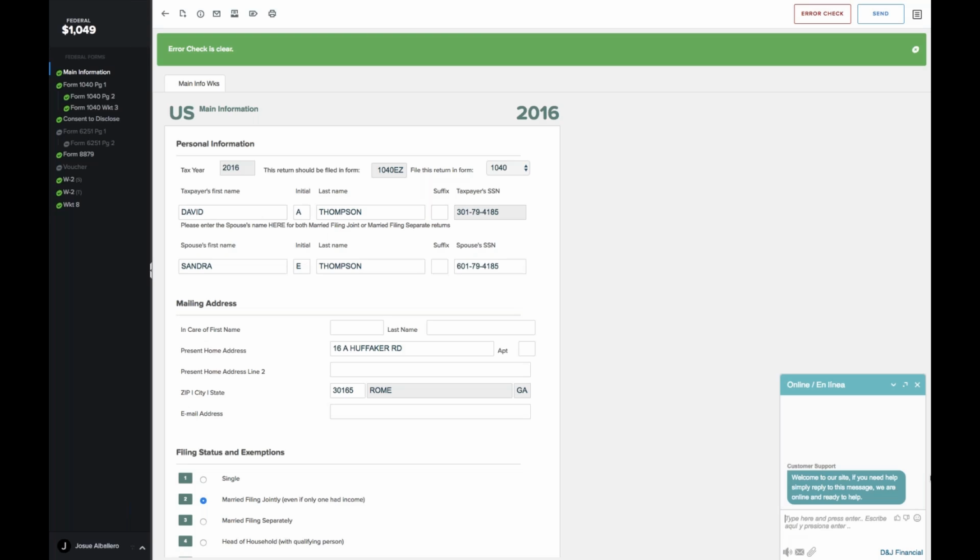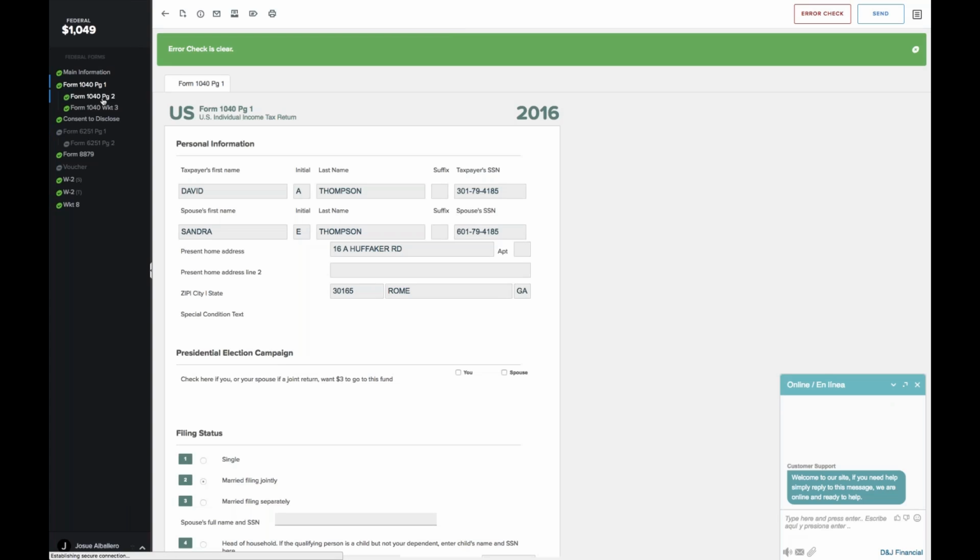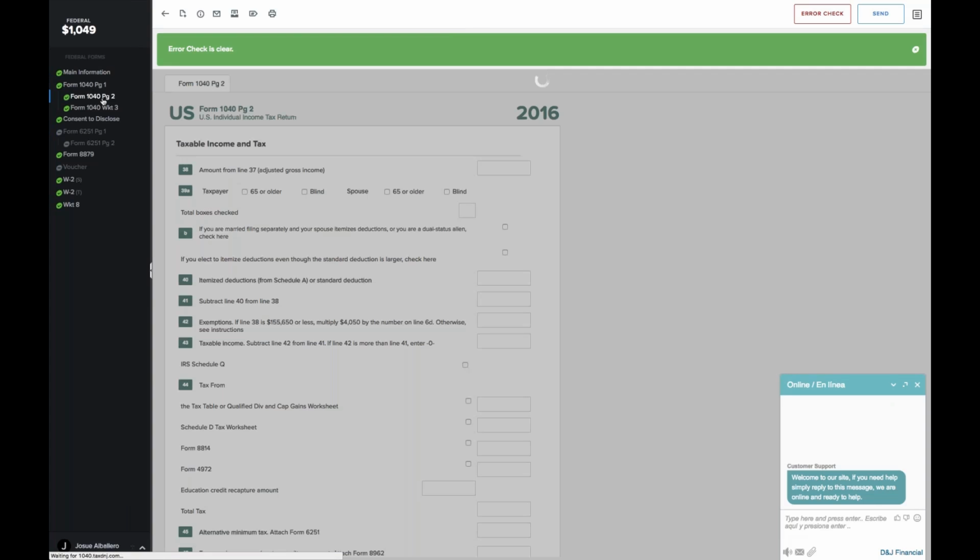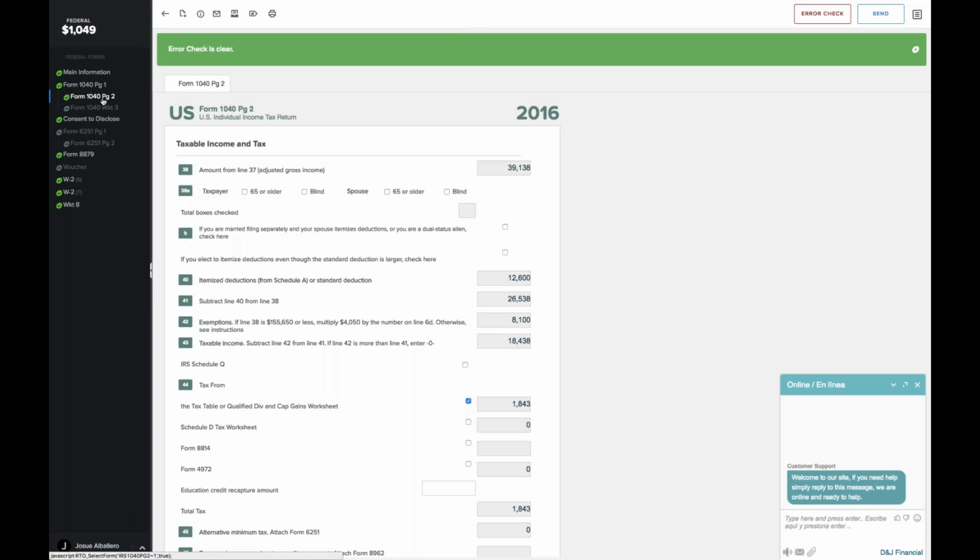So whenever you have this clear check right here, this is where you say, all right, I'm going to have someone check it, and then someone's going to check it for you. They're going to go through line 40 and page 2 of form 1041 to make sure that all the numbers make sense.